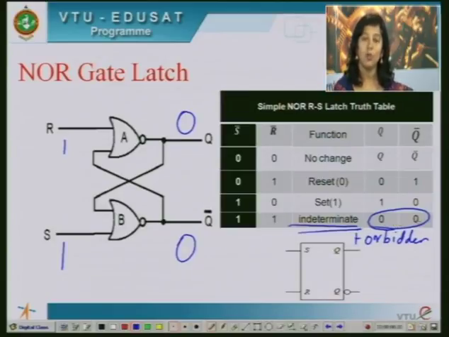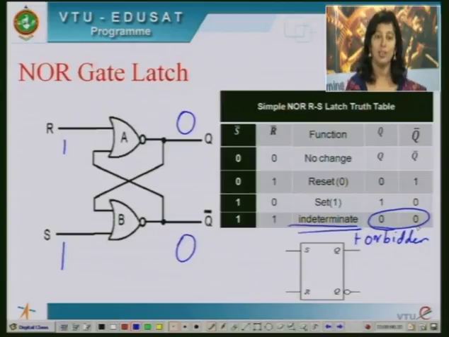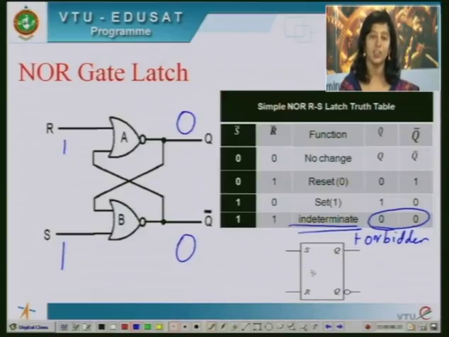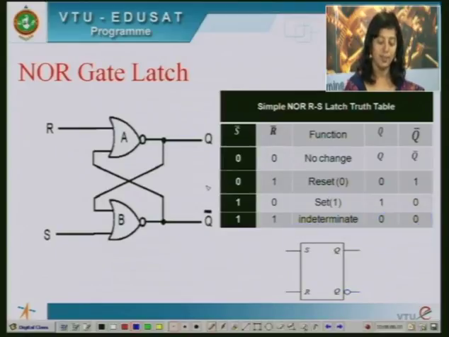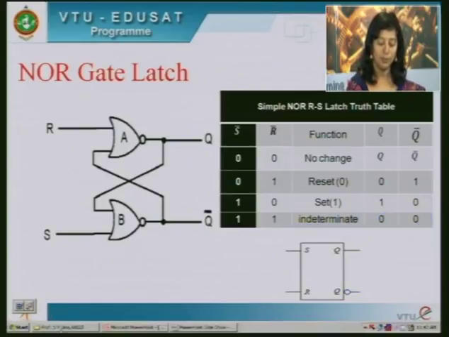Here both outputs are becoming low in a NOR gate latch, and the logic symbolic representation for SR latch using NOR gates: S and R direct inputs, Q and Q complement. We have a bubbled output shown here. So, this is how it is represented. So, this is how it works.